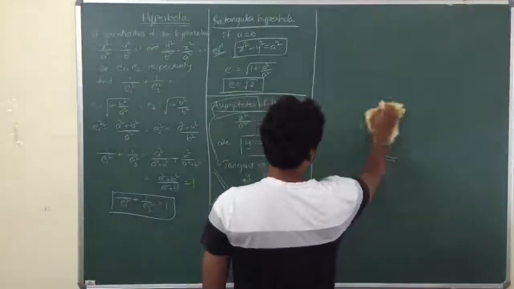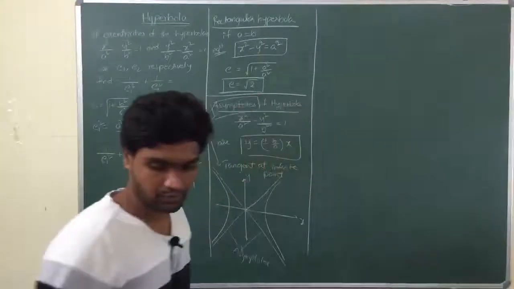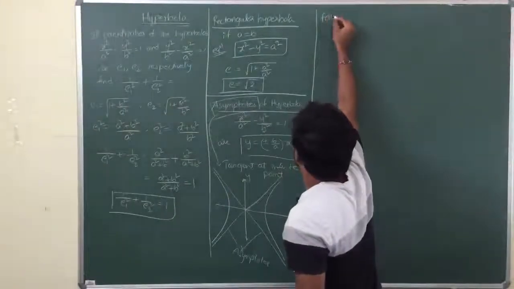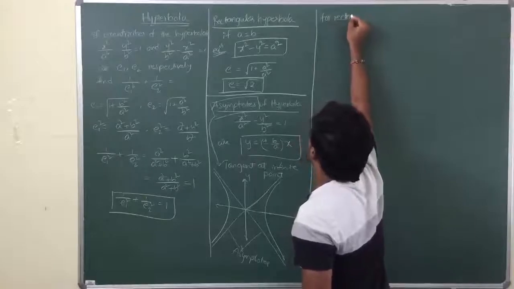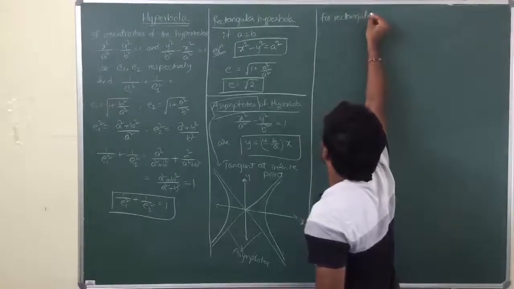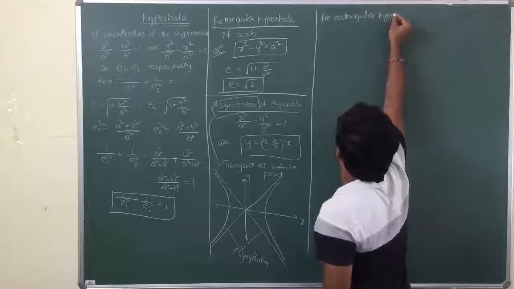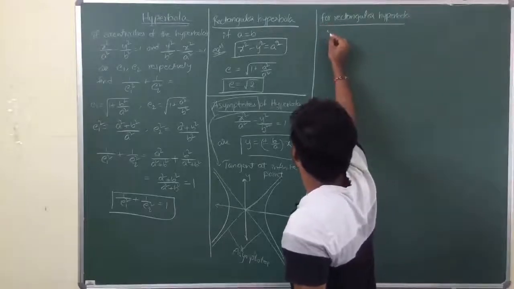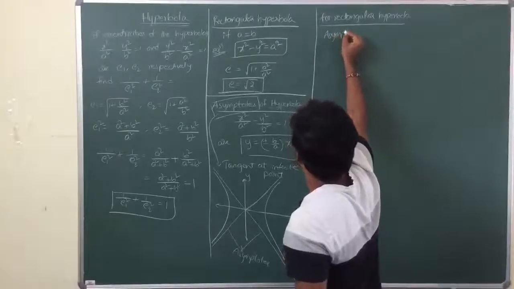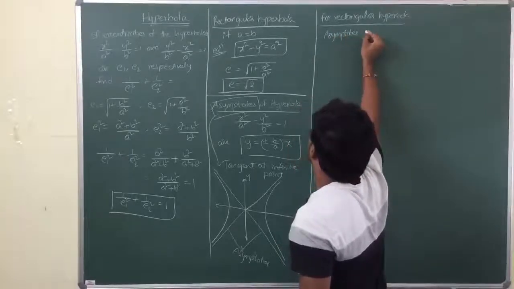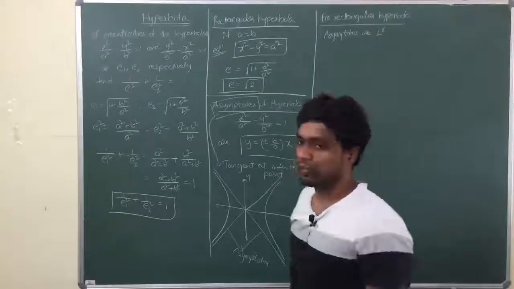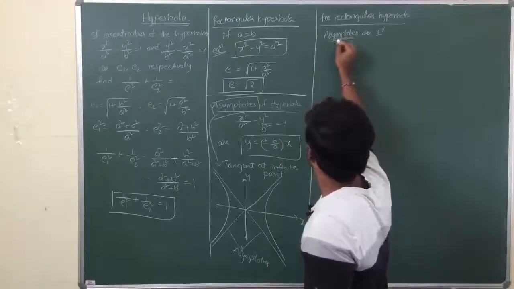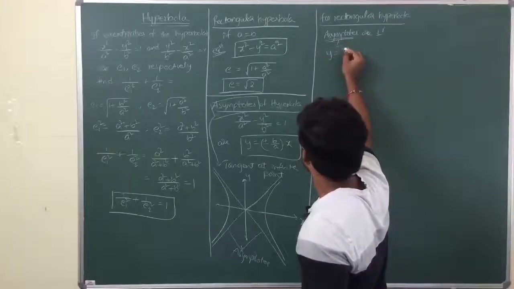Now for rectangular hyperbola, asymptotes are perpendicular, because the equation of asymptotes will be y is equal to plus or minus x, right?